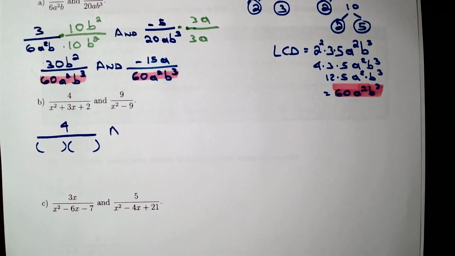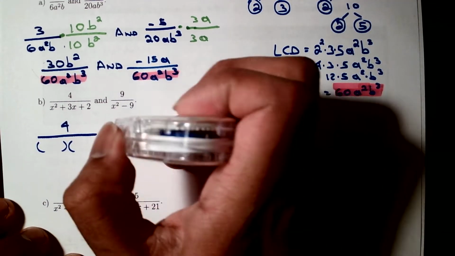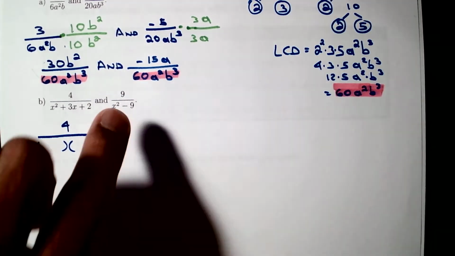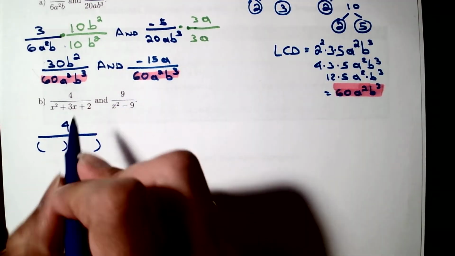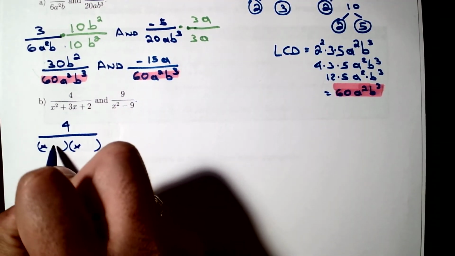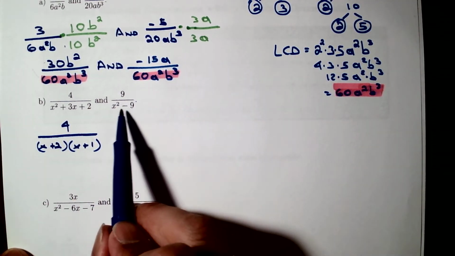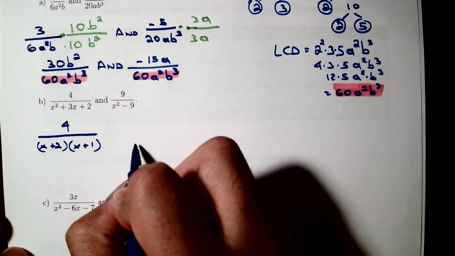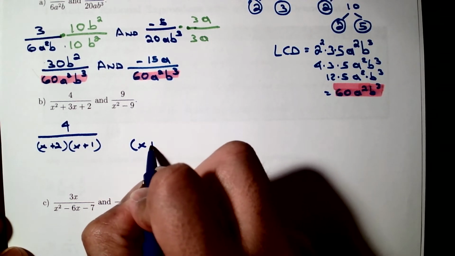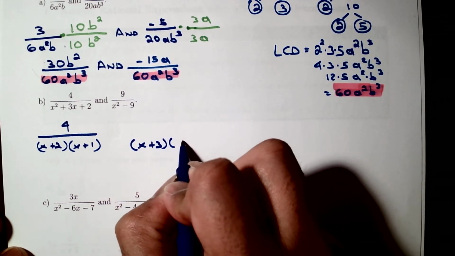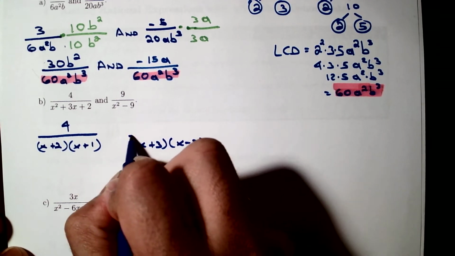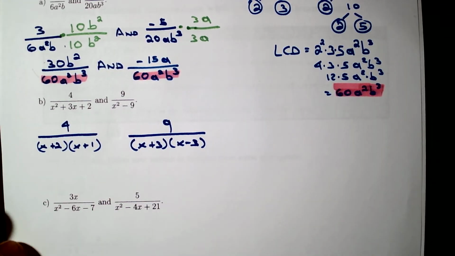Oops, I don't need the end here yet. Not yet. So factors of 2 that add up to 3 are 2 plus 1. And then in this case, I'm going to factor out the difference of squares. x plus 3, x minus 3. I don't think I needed to write this.